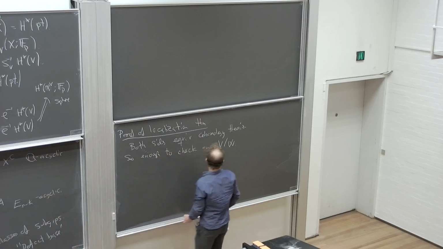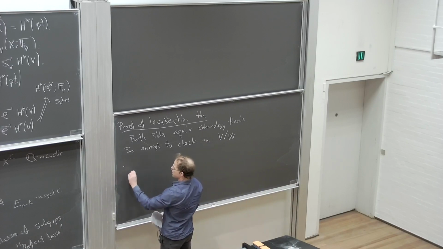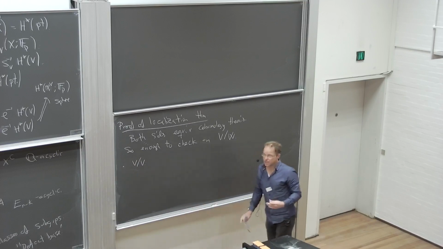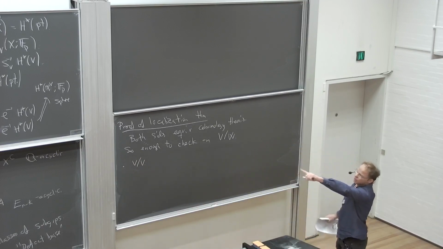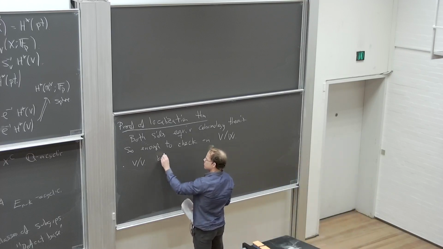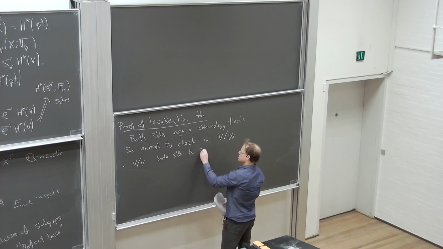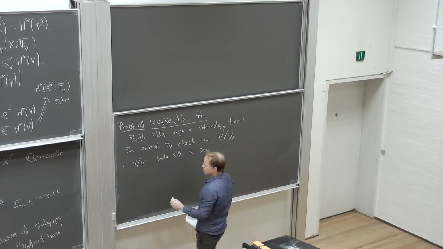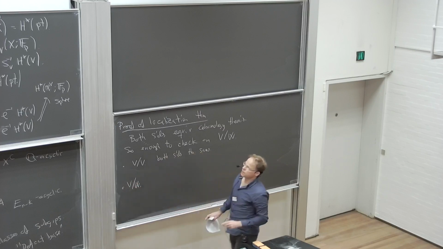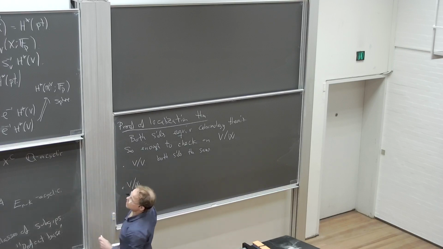Well, there are two cases. The one case is where we take V mod V, and then both the right and the left sides are the same. And then there's the case where we take a proper subgroup, and what does it say there?